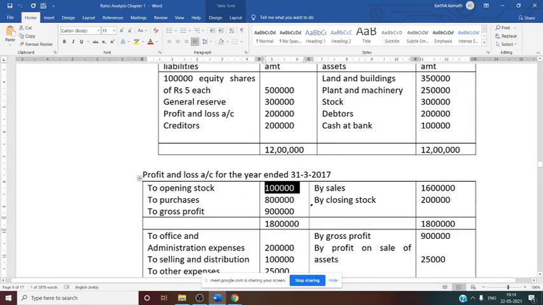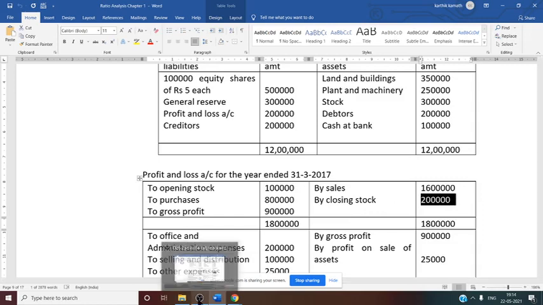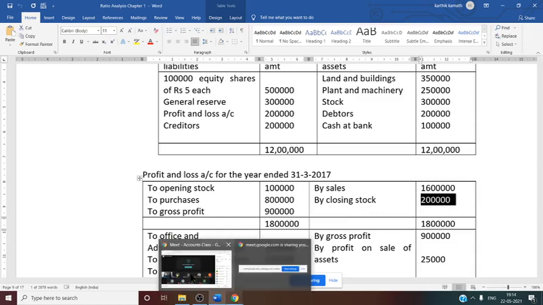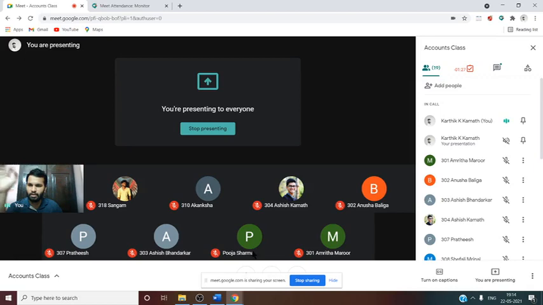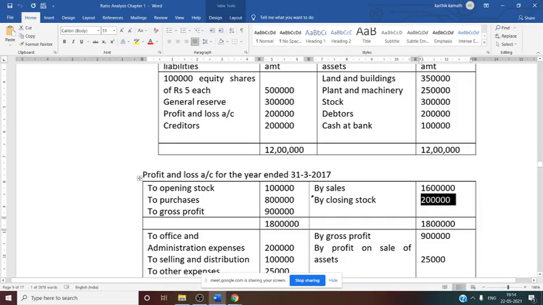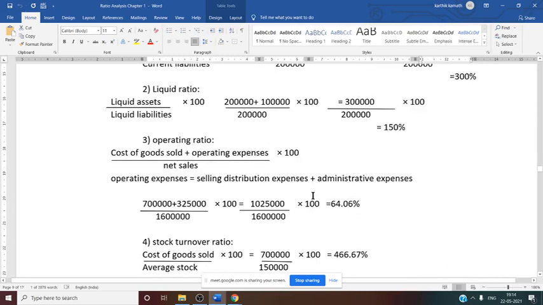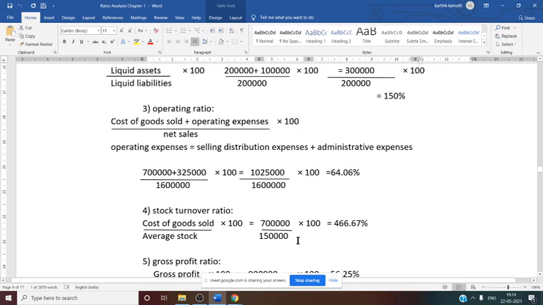Now we want opening as well as closing stock, first given in the profit and loss account. So opening stock is 1 lakh, closing stock is 2 lakh. Just take the average: 1 lakh plus 2 lakh divided by 2, that is 1.5 lakh. That is our average stock, 1,50,000.